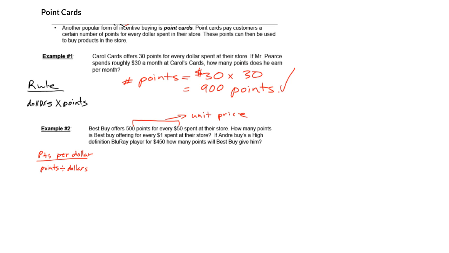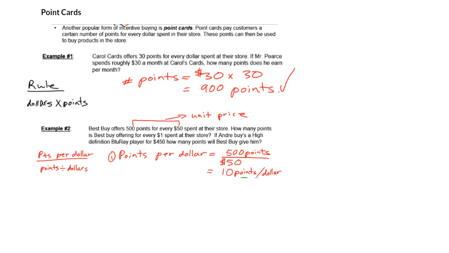Now you need to remember that the points per dollar is the points divided by the dollars. In this case, we're going to have 500 divided by 50. So our points per dollar is equal to 500 points divided by $50, which gives us 10 points per dollar.